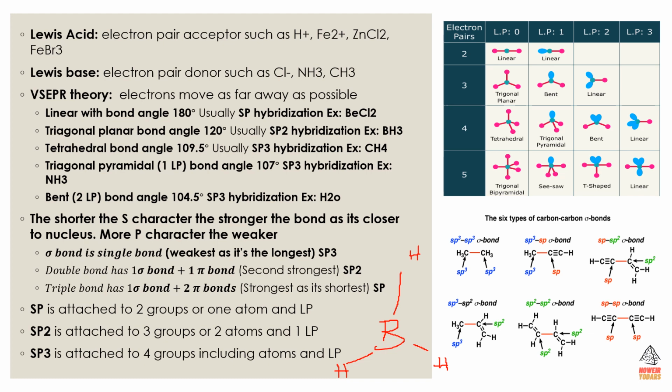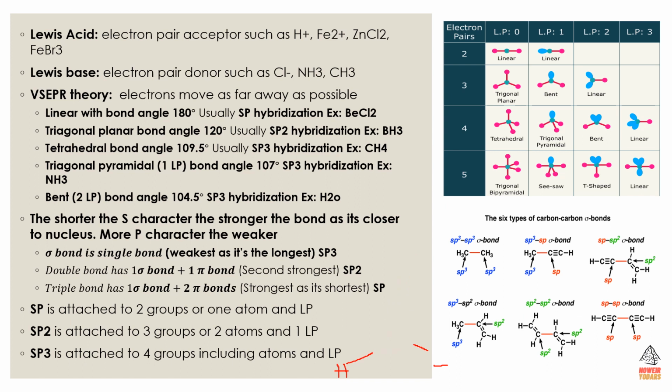But let's say there was, for the sake of explanation, a double bond here, so an sp2. An sp2 has one sigma bond and one pi bond, making it the second strongest out of them.